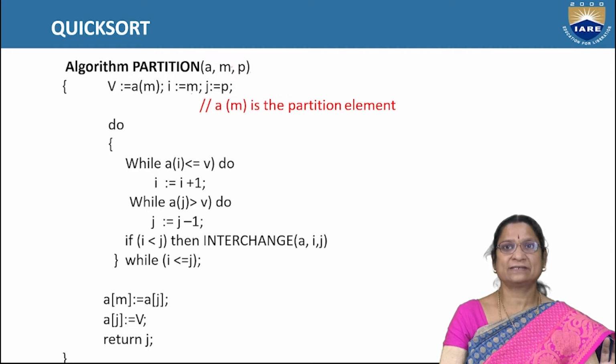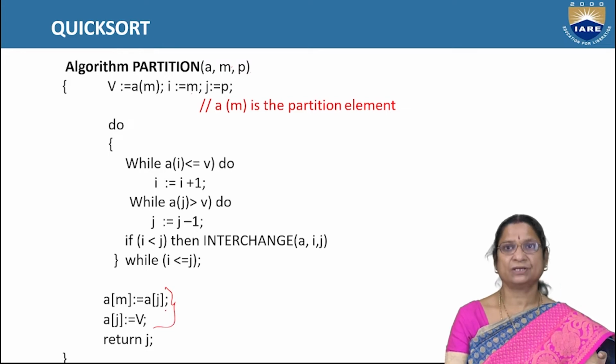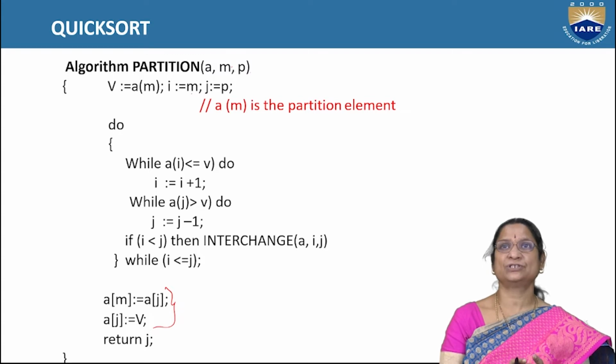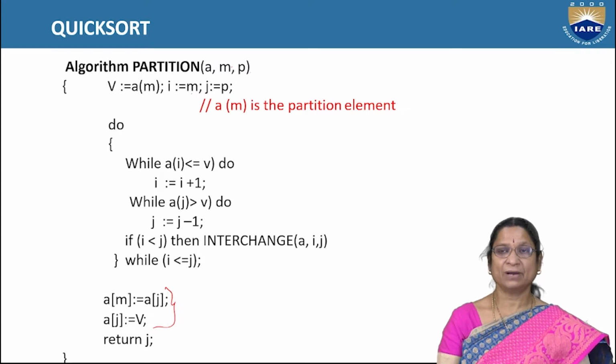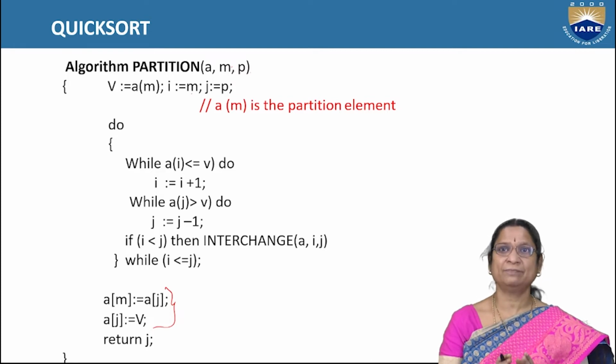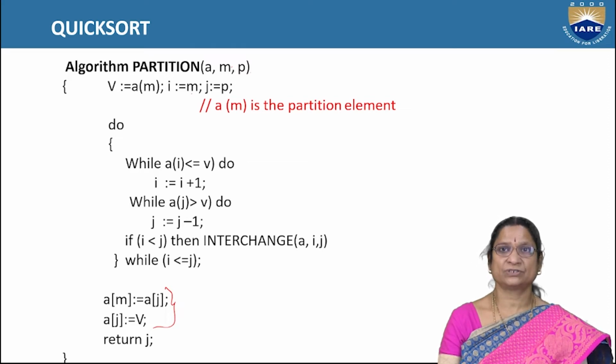When the list is exhausted, A of M is equal to A of J and A of J is equal to V. That is, we are swapping, and we are returning J. We are moving our pivot element to the Jth position. By that time, all elements before J are lesser than the pivot element, and all elements greater than the pivot element are after the Jth position.